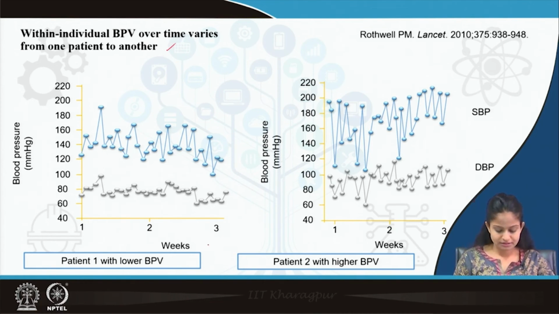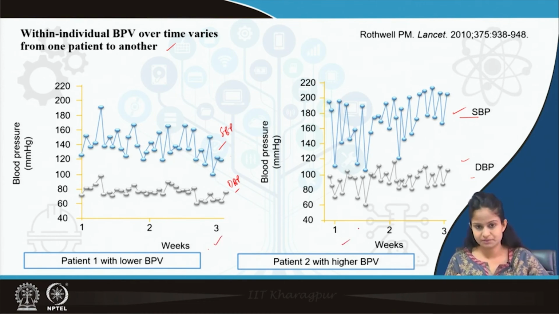You can see this is the systolic blood pressure and this is the diastolic blood pressure. There is variation in the systolic blood pressure and variation in the diastolic blood pressure between two individuals. So, this is lower blood pressure variability and this is higher blood pressure variability.